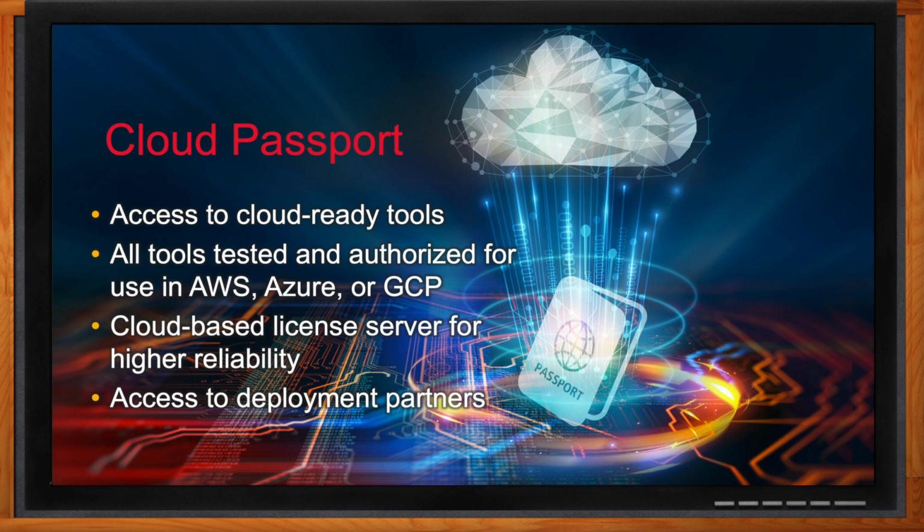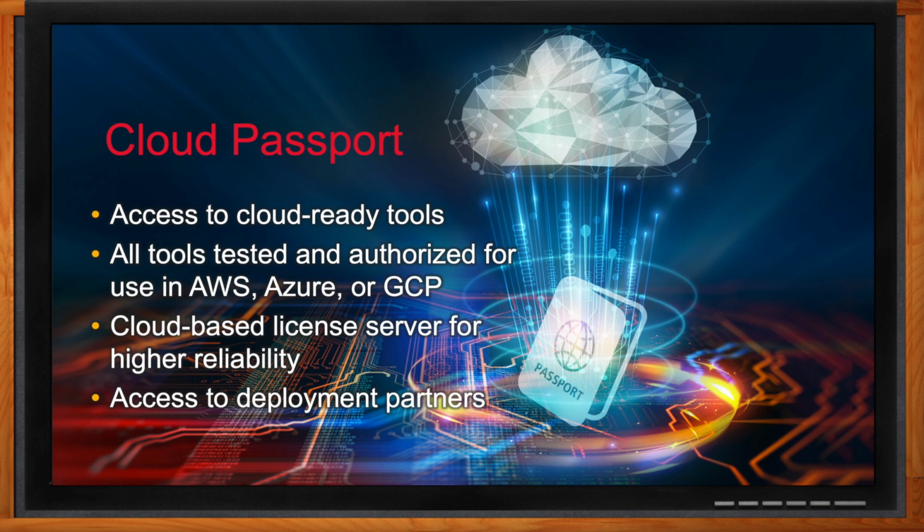The other thing that we can do for a customer who wants to deploy in their own cloud environment is make sure that they've got the license server that makes sense for them. So a license server is a key piece of enablement that's required in order for any EDA tool to run. And when a customer deploys in an on-prem environment, that license server sits right there in their data center. But when they want to utilize the cloud, there's a choice that they would have to make.